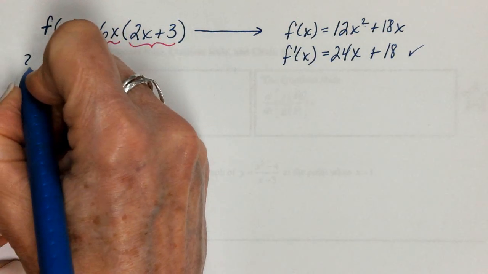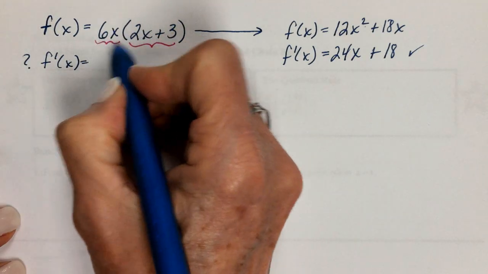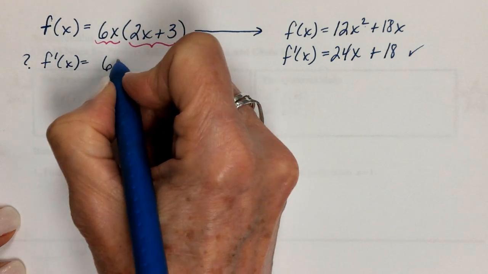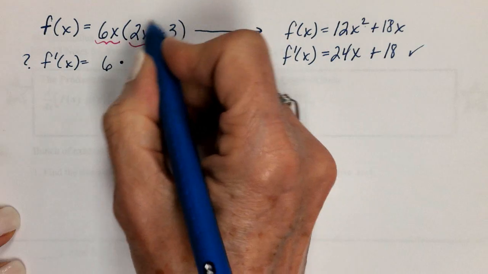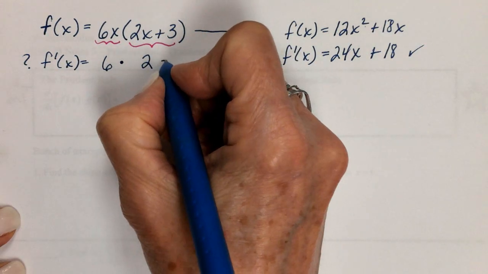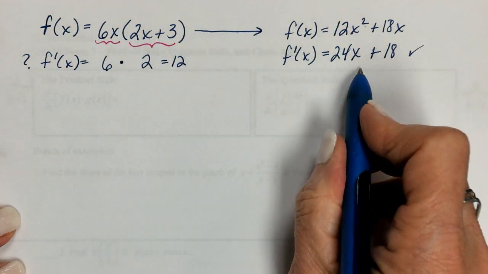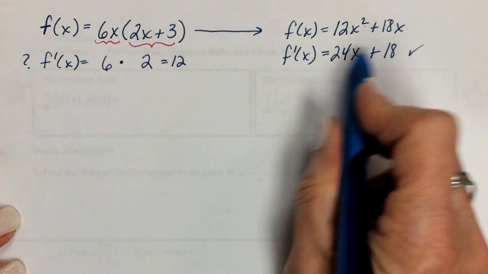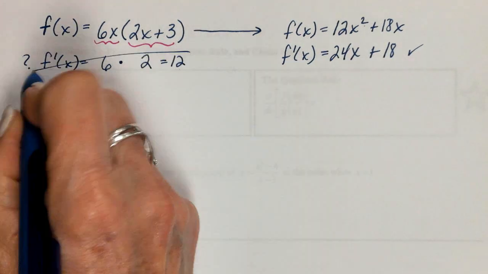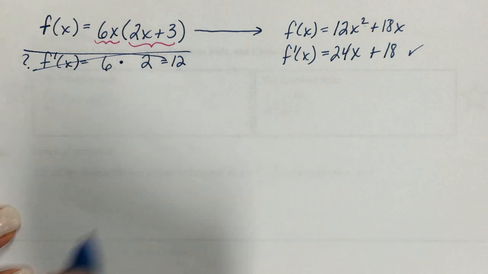So question, would this be the same as the derivative of 6x is 6 times the derivative of 2x plus 3 is 2? That would give us 12. Did we get the correct answer? No. 12 is not this. So this process does not work. I need you to know that.